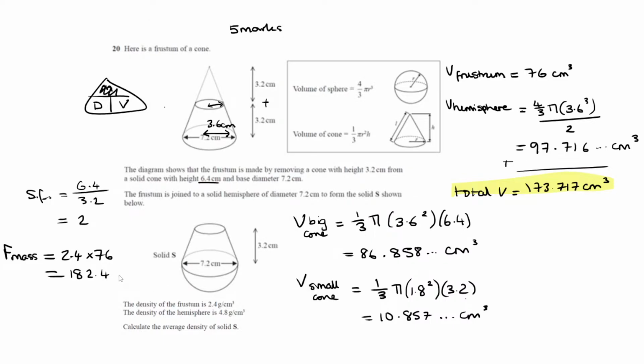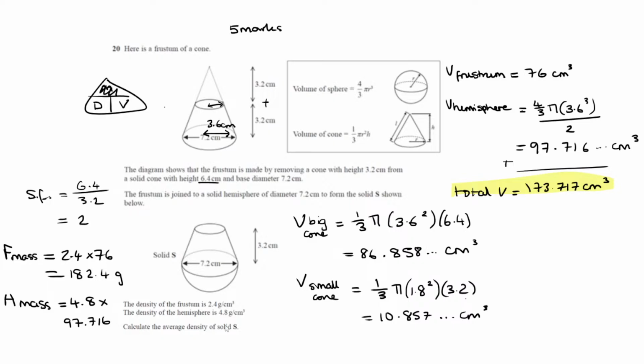4. So that was in grams, wasn't it? And then what was the other one called? The hemisphere mass, same thing, but obviously those other numbers. So we've got 4.8 multiplied by the volume, which is this one here, the 97, wasn't it? I don't think I stored that one actually, but that's fine.